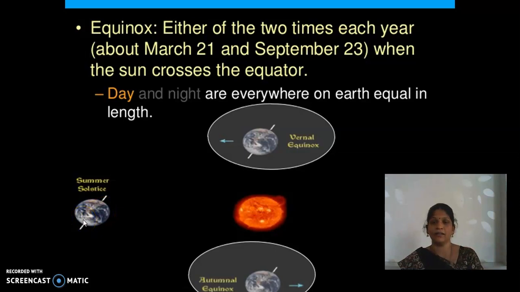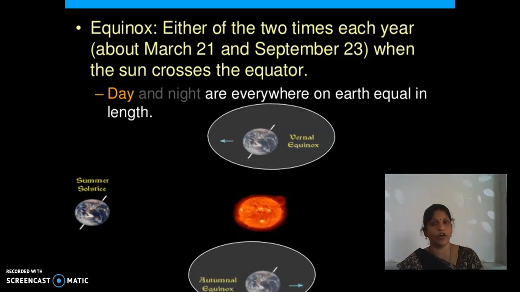When the earth is in this position, the northern hemisphere receives direct sunlight, or more sunlight. So at that time the northern hemisphere people experience long days and the North Pole experiences 6 months daytime only.